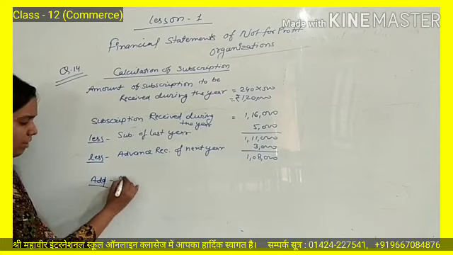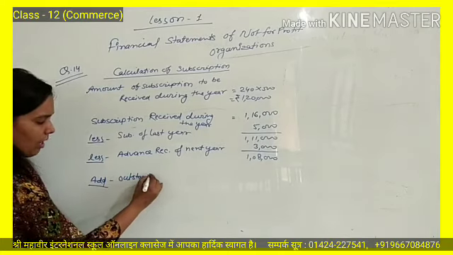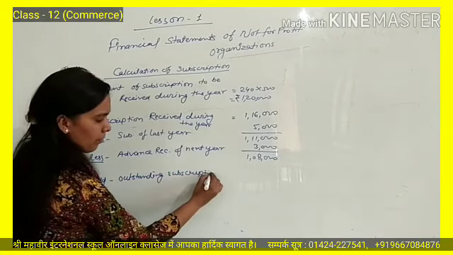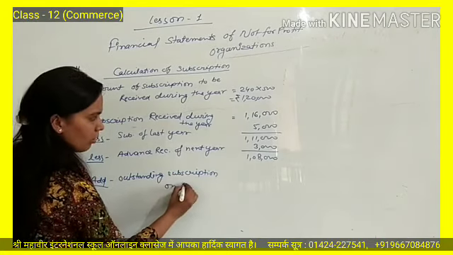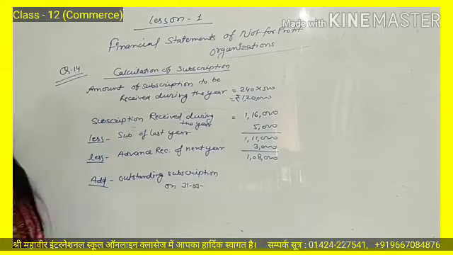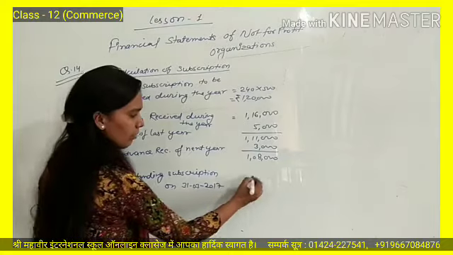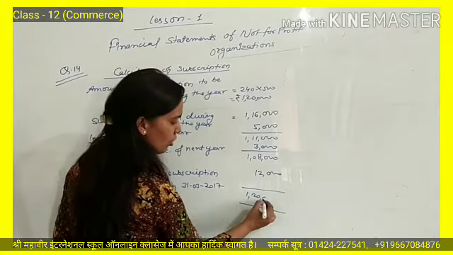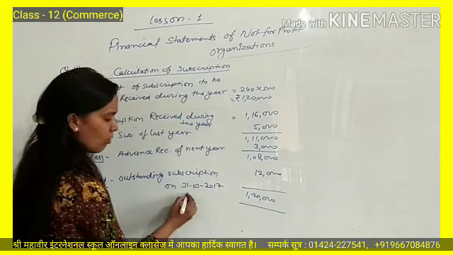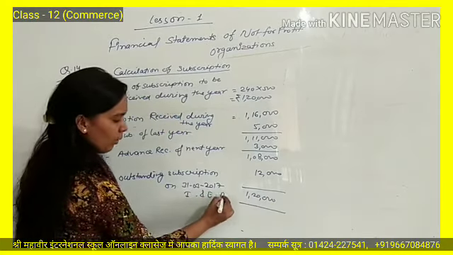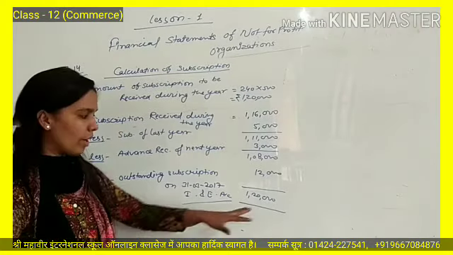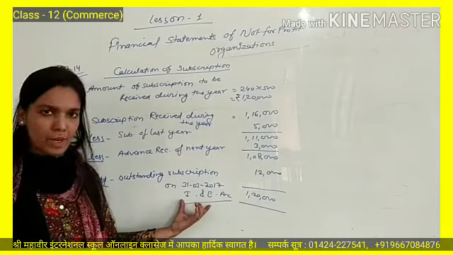So it will be added, or you can write here outstanding subscription on 31st March 2017, that is 12,000. So the amount you have to show in the income and expenditure account is 1,20,000. This is the first answer.